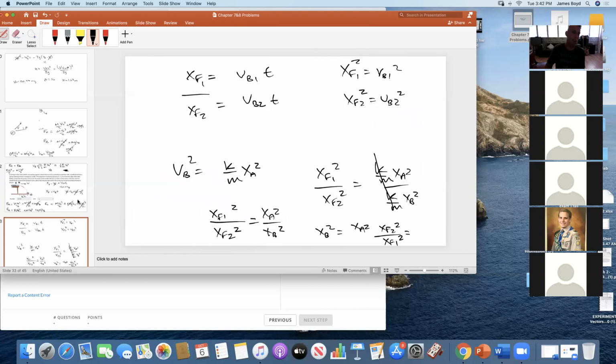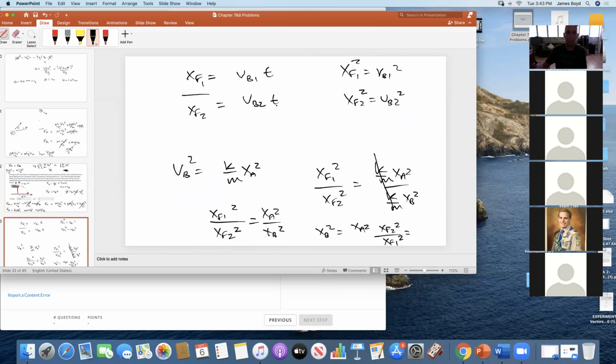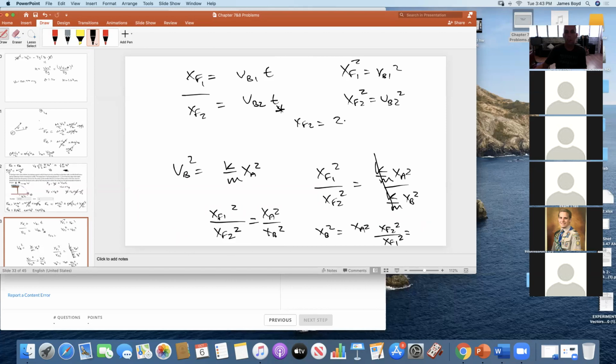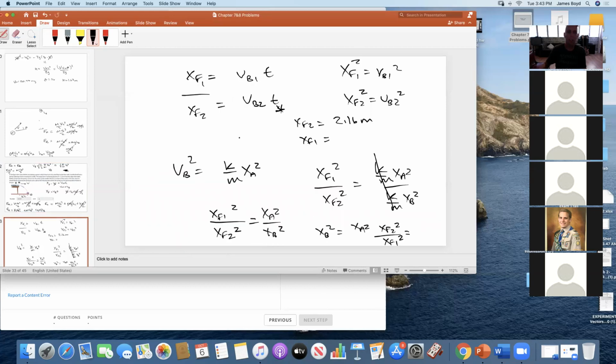That is, xA was, so target box D is, so x final 2 is 2.16 meters. X final 1 fell short of that by 25.2 centimeters.